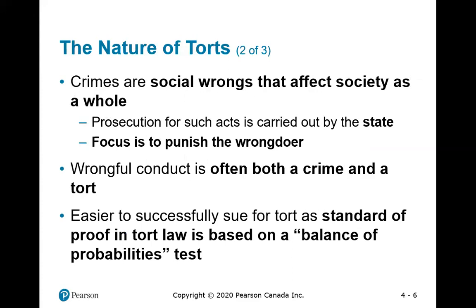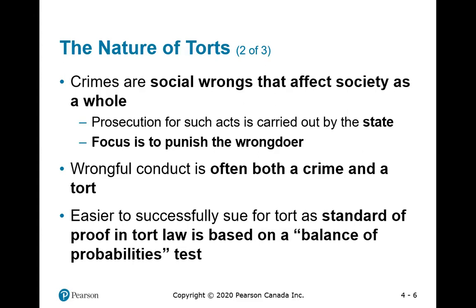We need to differentiate a tort from a crime. Sometimes a tort will also be a criminal offense. But a criminal offense is conduct that is prescribed, that is detailed in the criminal code. So if the criminal code says that killing someone is a criminal offense, then that's a criminal offense.